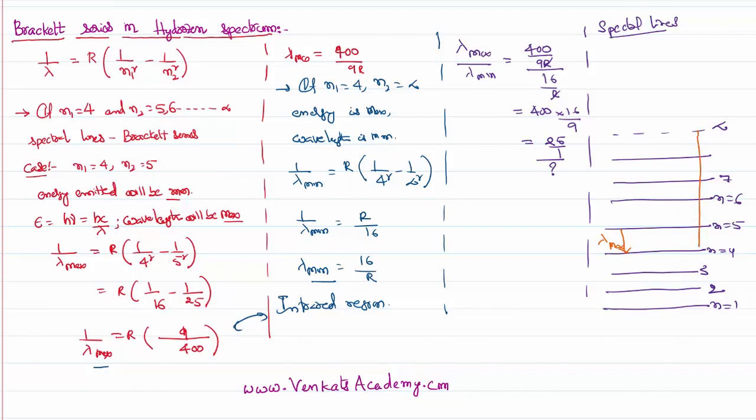If the electron jumps from the highest orbit, energy will be maximum and lambda will be minimum. And you can find the spectral lines in between, and all of them are in the infrared region. That's how we can explain the Brackett series of a hydrogen spectrum.